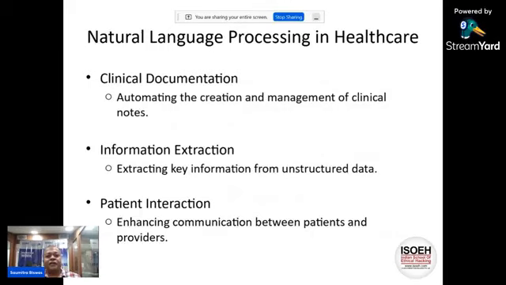Next up is another part of the healthcare system that needs to be taken care of very seriously, and that is clinical documentation. Clinical documentation, what does it mean? When a patient is discharged, when a patient is treated, whatever be the result, positive or negative, it is documented.